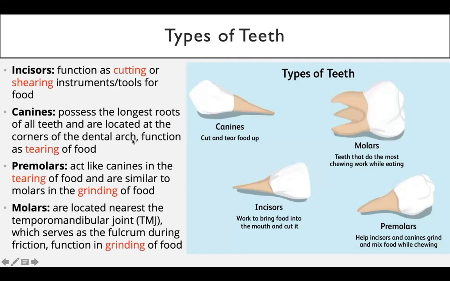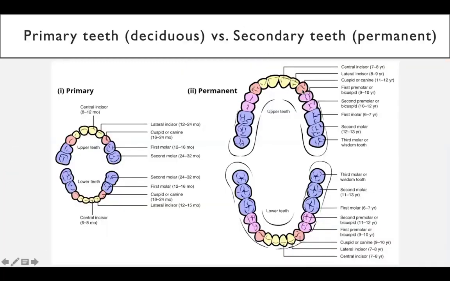So the dental arch has two arcs. This is the almost straight edge of the arch. This is a corner where it bends. So these are the cuspids or canines.